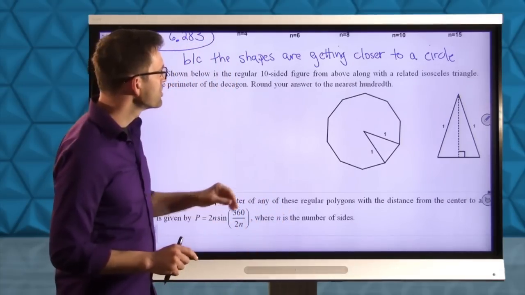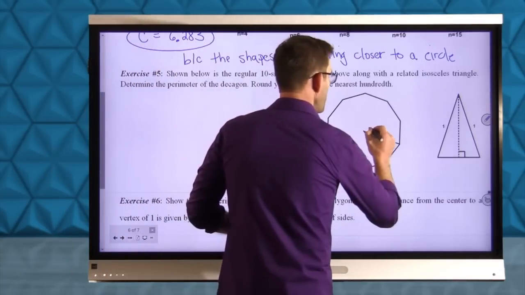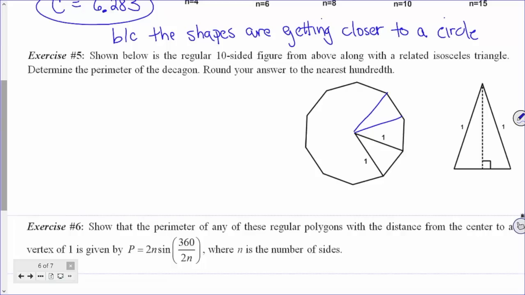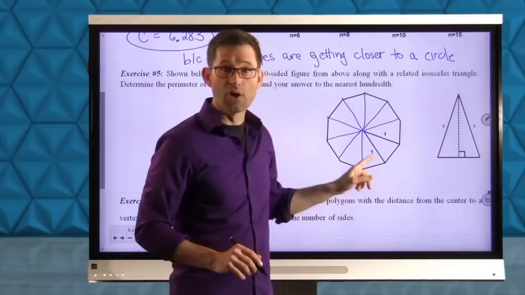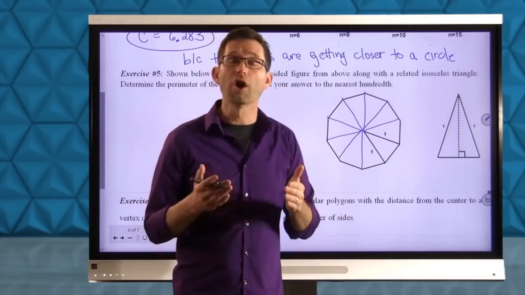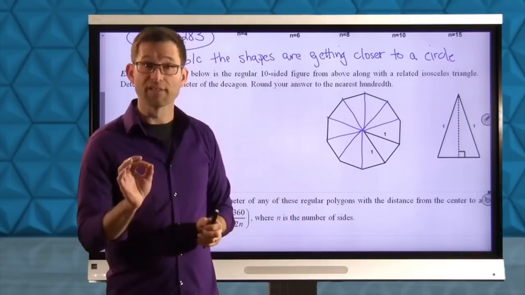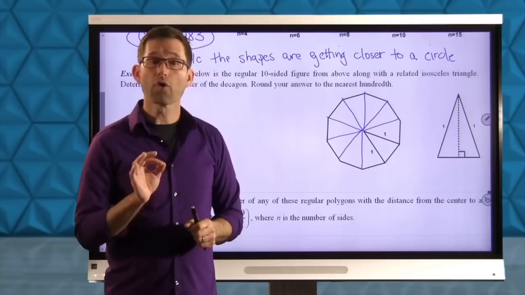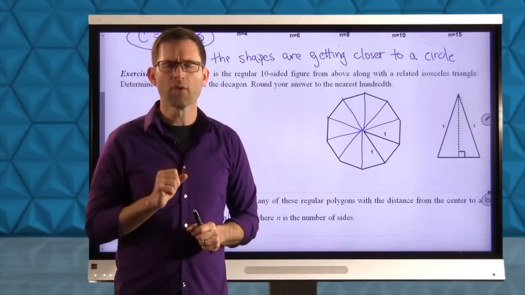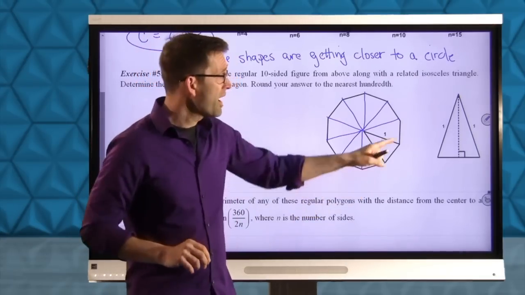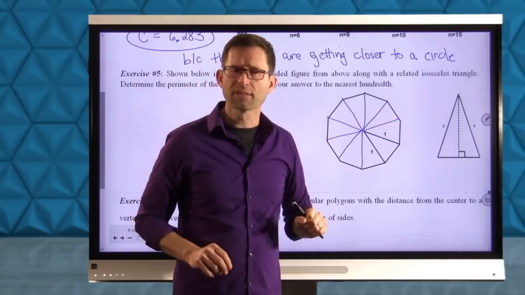So first things first, right? The idea here is that we could take this decagon and slice it up into 10 slices like this, all of which are absolutely identical to this one over here. Now, key is, though, that those 10 slices are not right triangles. They're isosceles triangles, but they're not right triangles. In order to get a right triangle, we actually have to slice them in half like this.